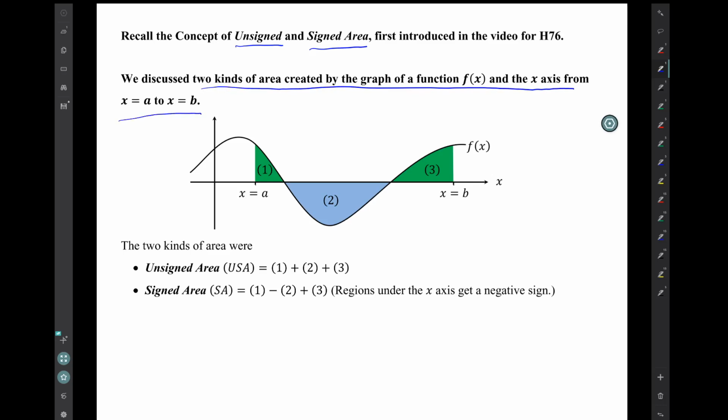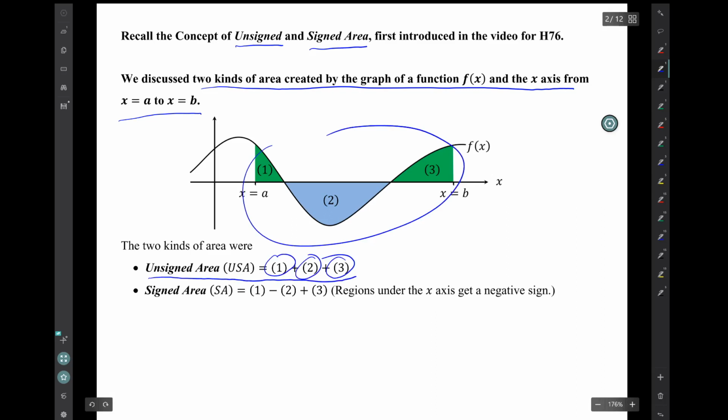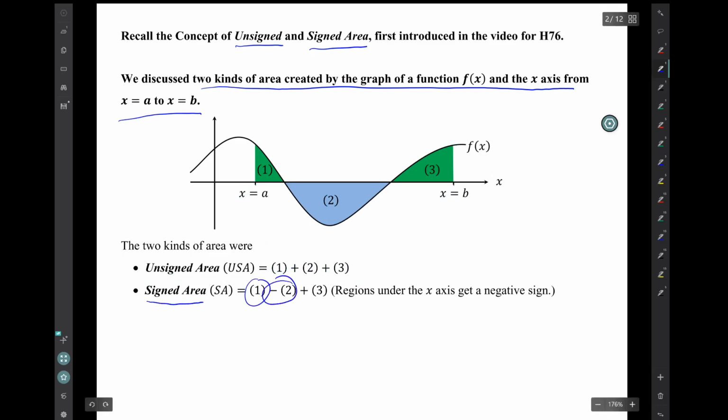The two kinds of area were the unsigned area, which would be denoted 1 plus 2 plus 3 for these regions listed there, and then what was called the signed area, which would be 1 minus 2 plus 3. That is, regions under the x-axis get a negative sign.